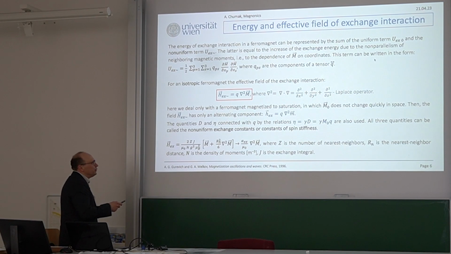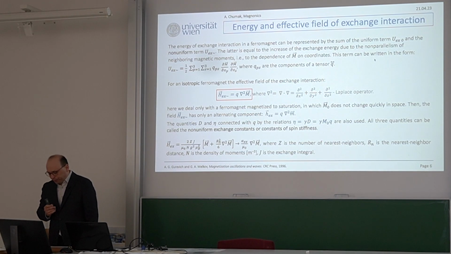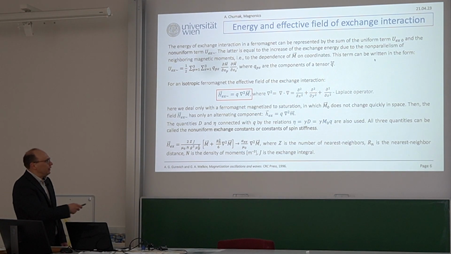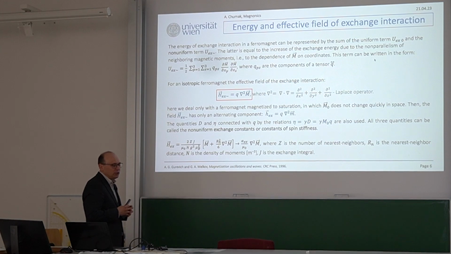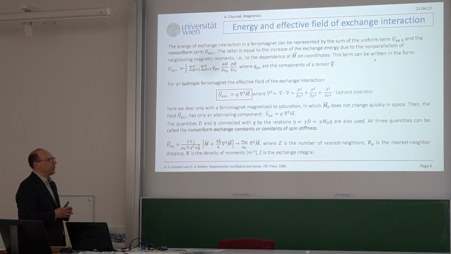I give it to you just in case you are curious, but in practice, usually we don't start from the very basics, from real atom physics. Instead, we just use one of the exchange constants, and then there are different methods for how you can measure it in your experiment, and just to double check, to get a value for Q, for example.